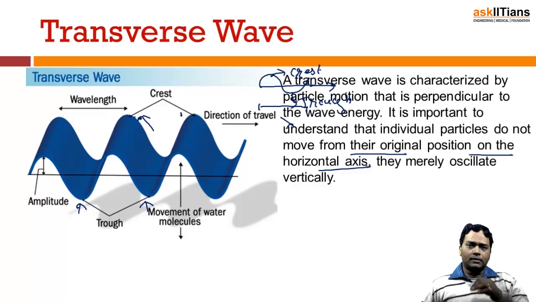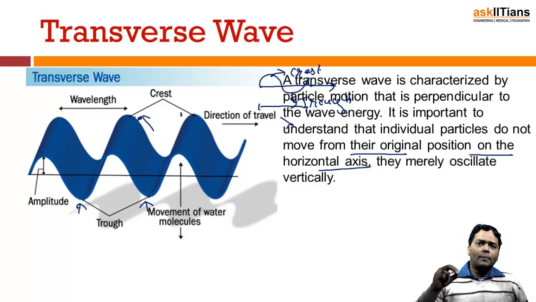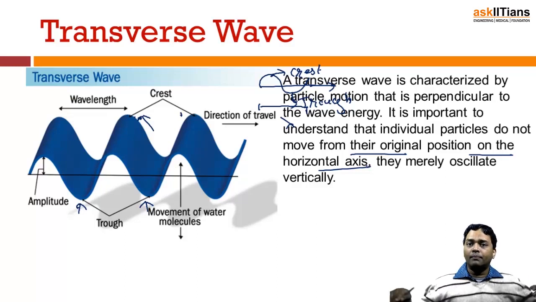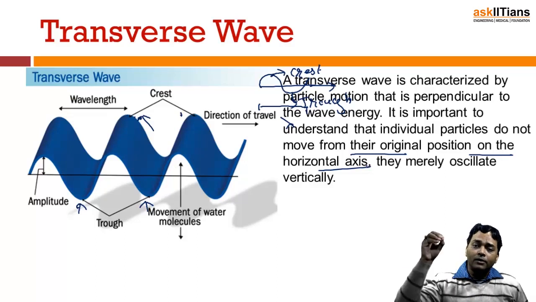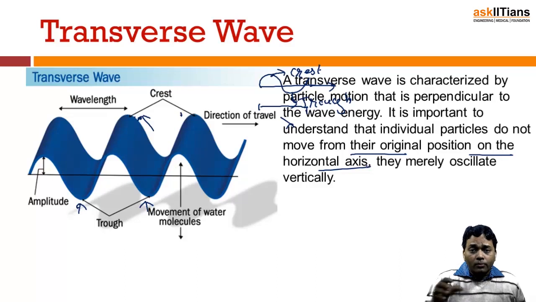Right? So for instance, let's say you drop a stone. If you drop a stone in a place of still water, what are you going to observe? Think about it. You are going to observe that there are ripples which flow out. When the ripples flow outside from the point where the stone falls, the water is not moving outward.